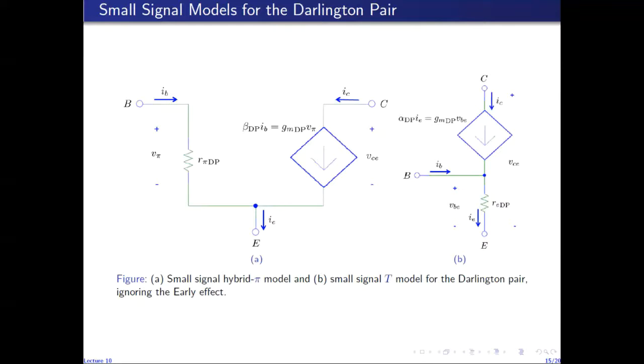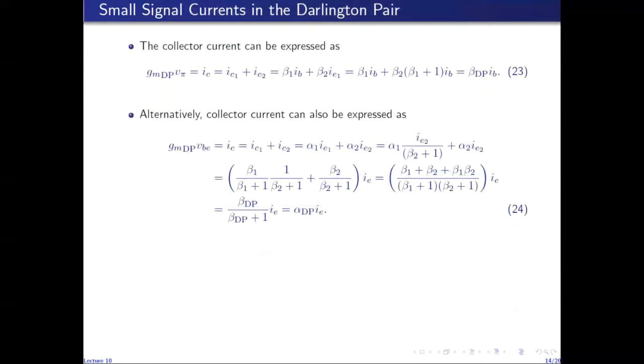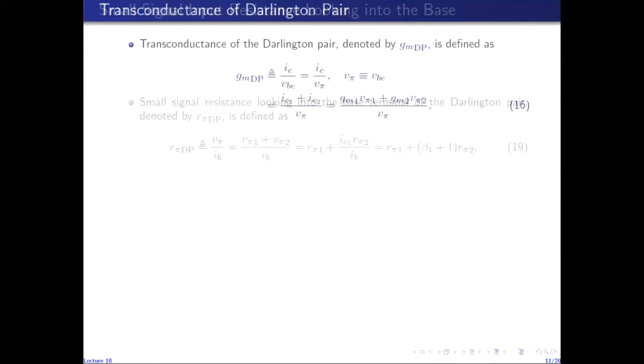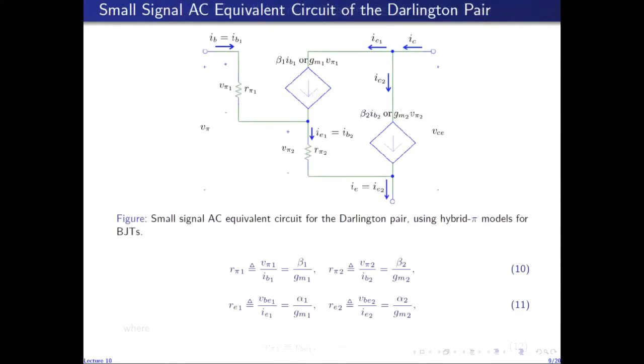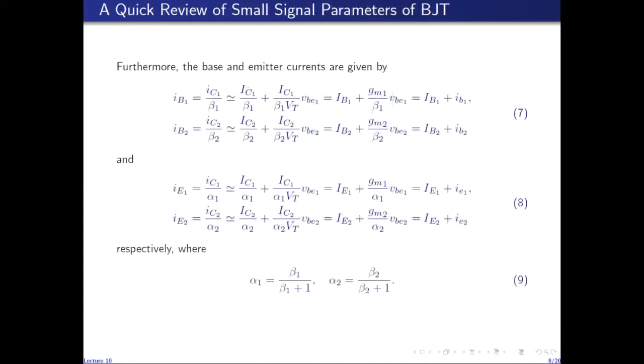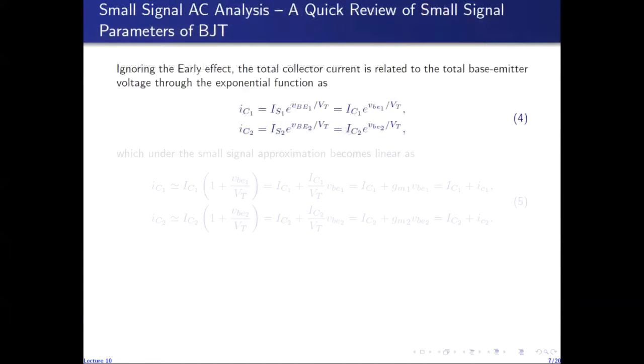And you could see it coming because we were already able to replace the Darlington pair with a single transistor. So let me go back to the circuit equivalent model.